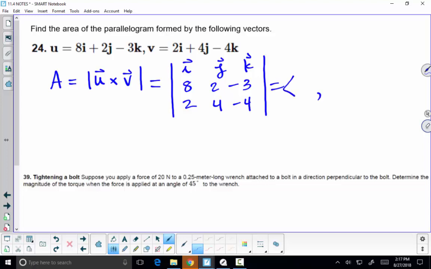That's going to be a vector with 3 components. The first component will be -8 plus 12. The second component will be -32 plus 6, which is -26, and then change the sign. Third component, 32 minus 4.